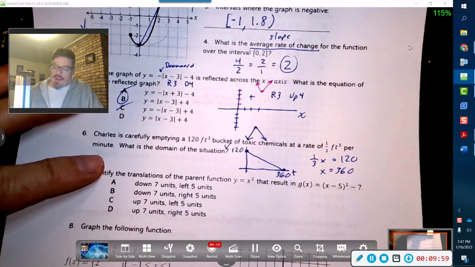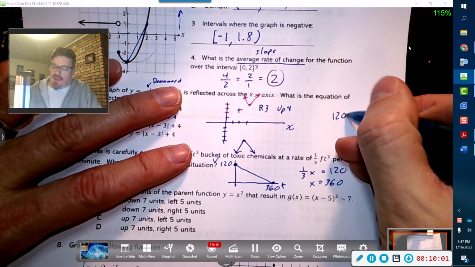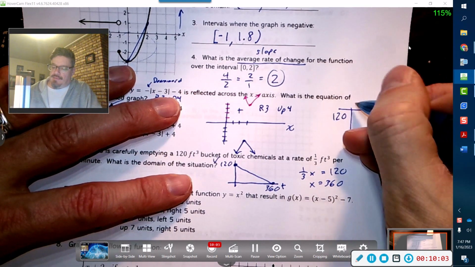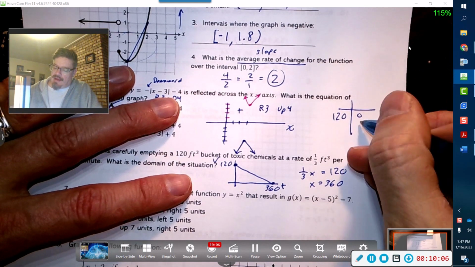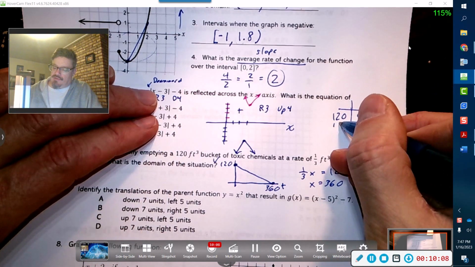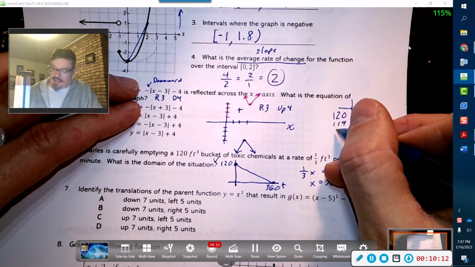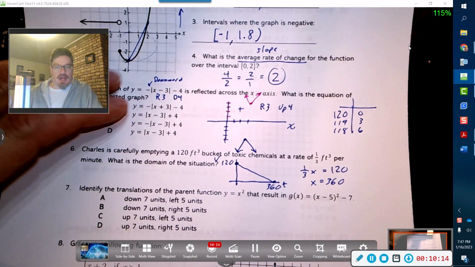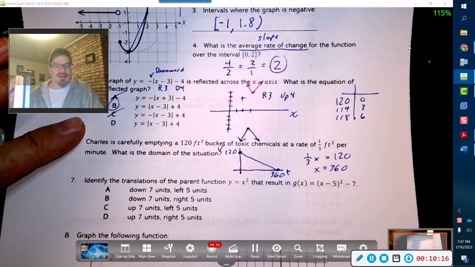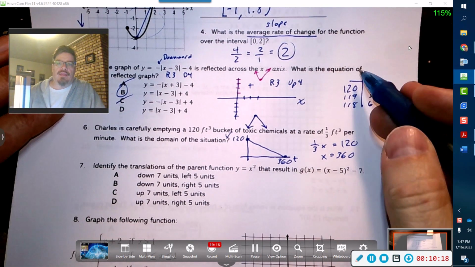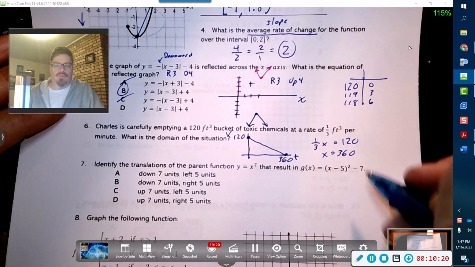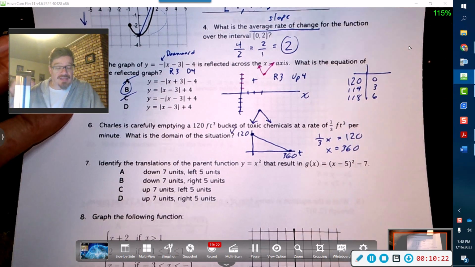Okay. What you can do is you can also think to yourself, okay, this is how much I had at time 0, and then after 3 minutes, I go down to 119. Okay. After 6 minutes, I go down to 118, and just kind of think, okay, where's that going to take me? You just need to find the pattern.